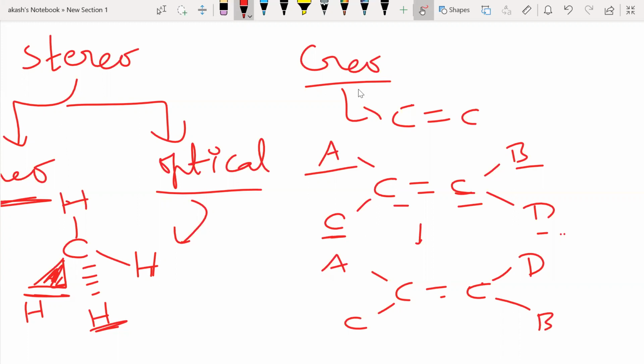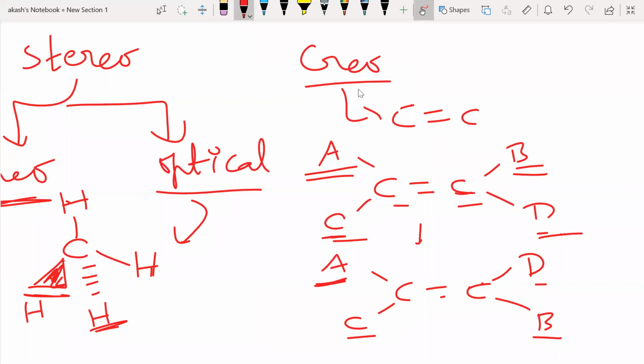Last time C and D were on the same side; in this case, B and C are on the same side. Last time A and B were on the same side; this time A and D are on the same side. So I hope you understand. You can see that only the orientations are different. Only the orientations of atoms in 3D space are going to be different. This is what is called geometrical isomerism.